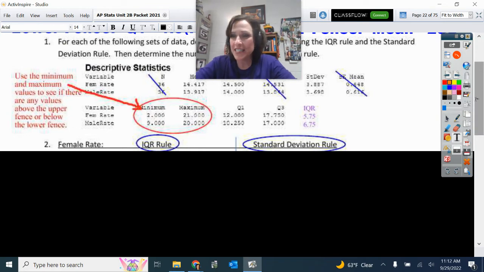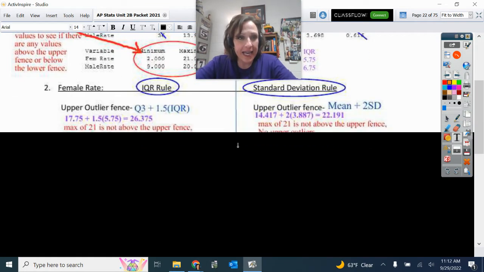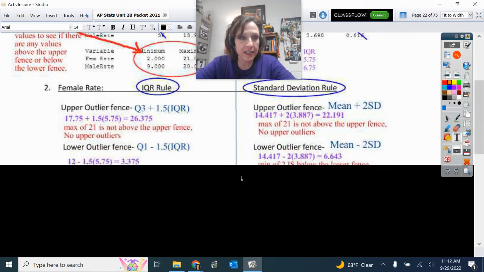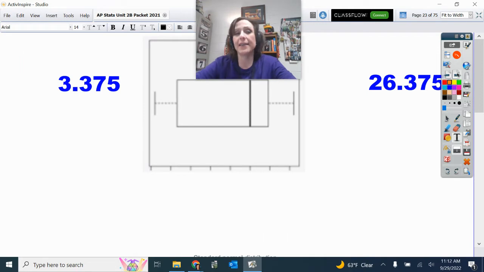All right. So I have completed that already, and I have gotten these values here. For my IQR rule, my upper fence for the females was 26.375 and 3.375 for the lower. And it looked like this.